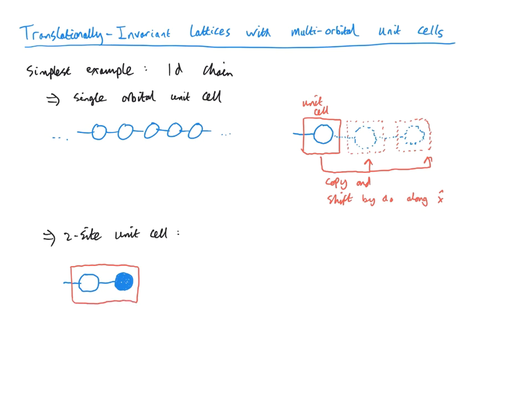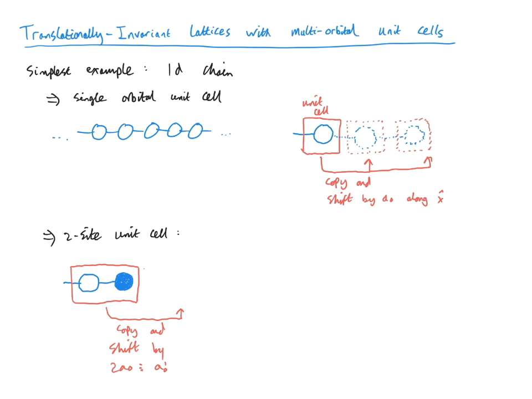So this time I need to copy and shift by 2a0, which I'm going to call this new lattice constant a0 primed.